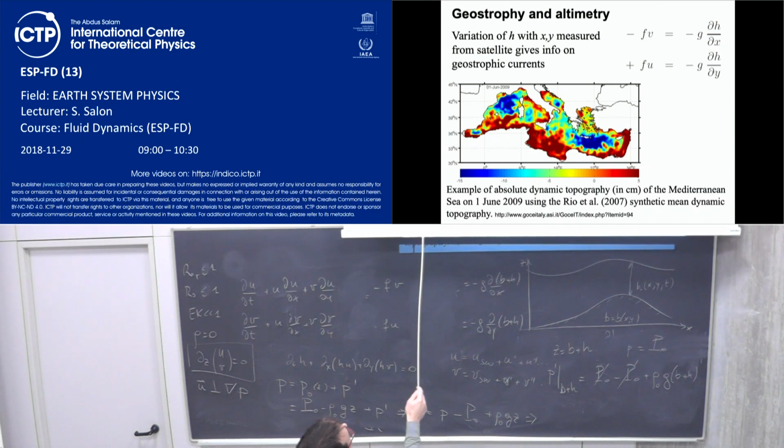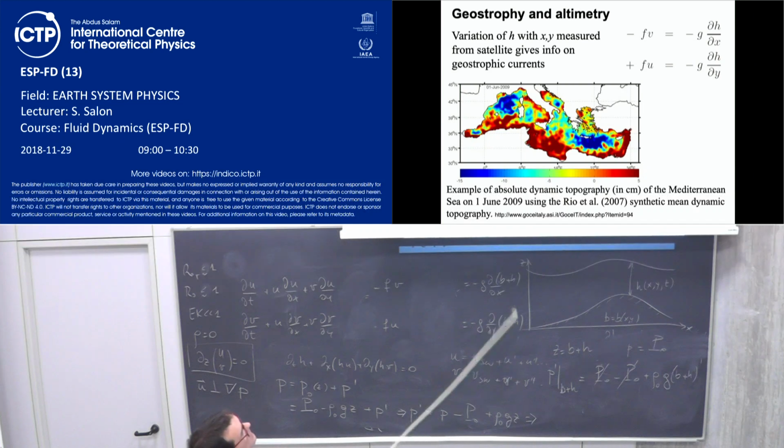This gives you a value which goes between -15 and 5 centimeters above the reference geoid level. What we can see is that over all the southern part the Mediterranean is red, so it has a positive value, while most of the northern part is blue, so it has a negative value.